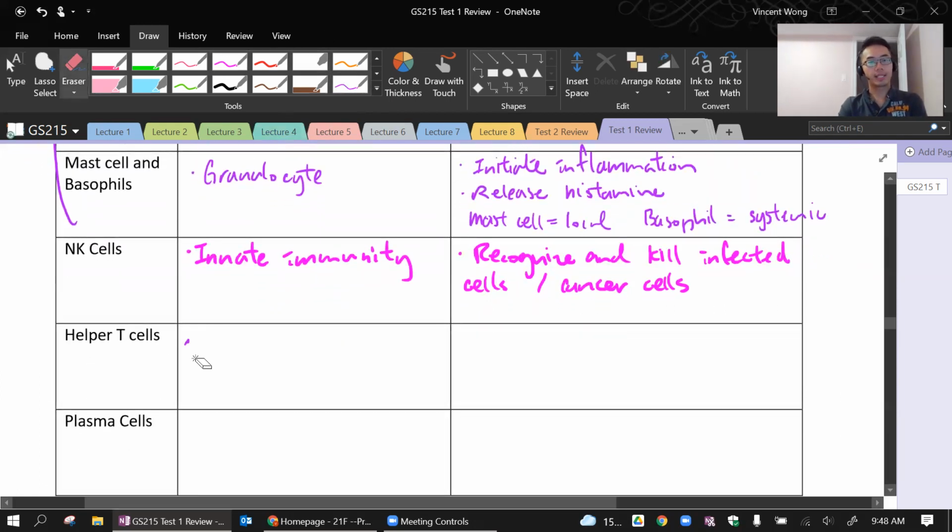Helper T cell, this is part of the adaptive immunity. Okay, and it's part of the cell-mediated immunity. What do they do? Helper T cells help coordinate immune response, right?